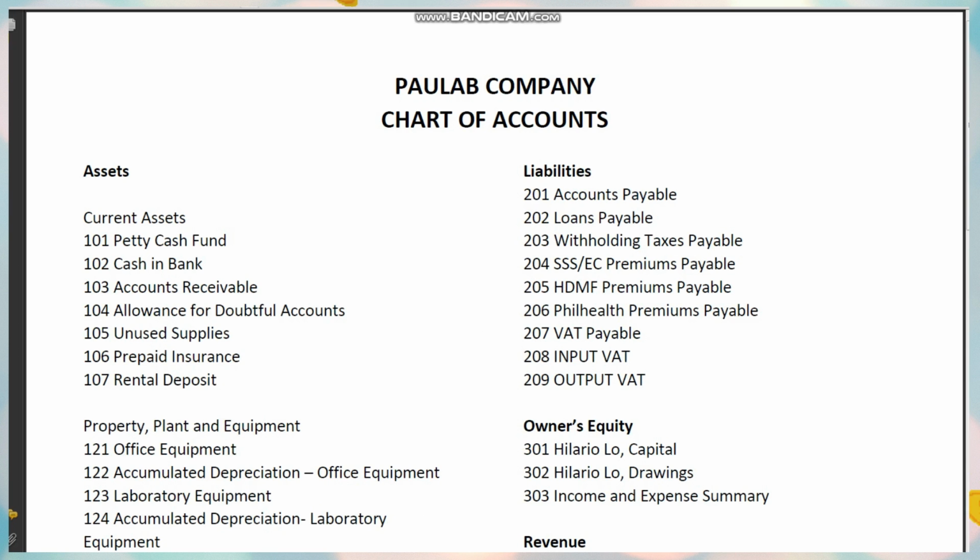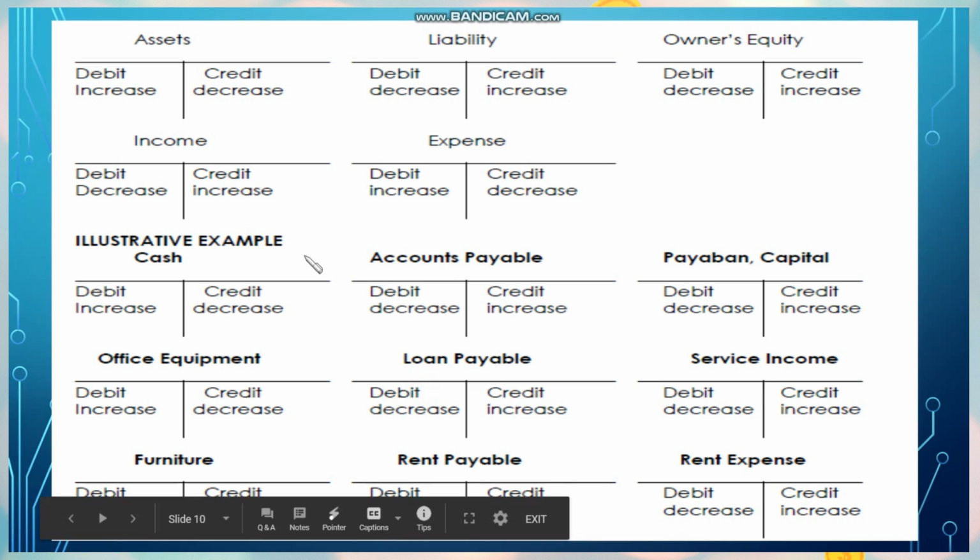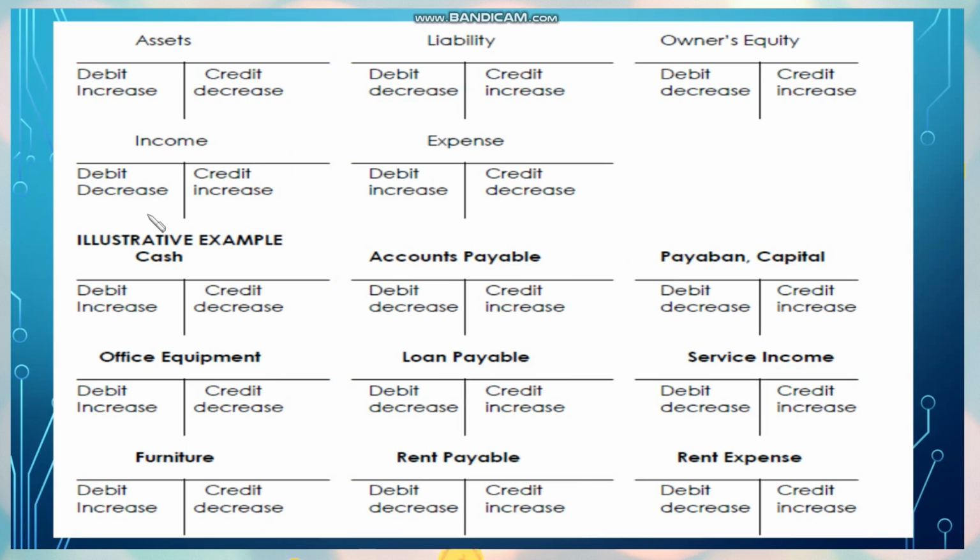Now let's have some demonstration of the journalization. Let's look at how transactions affect the accounting equation, just like what we studied in the previous lessons. For assets, an increase in asset is recorded as a debit, a decrease in asset is a credit.